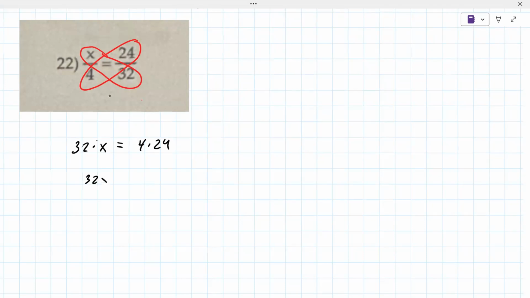Now on the left, it's just 32x. On the right, if you need to, grab a calculator, but can you tell me what 4 times 24 is? 96. It is 96. And then what do you divide by to solve for x?